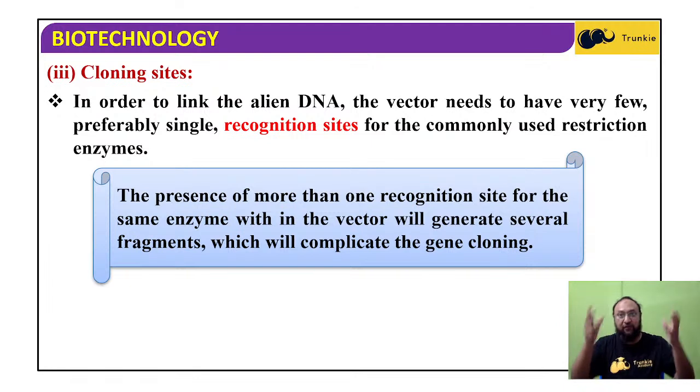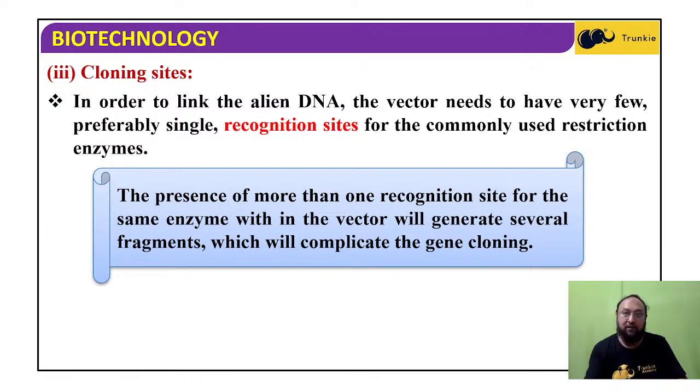If there are so many fragments, it becomes a problem, because we need to cut. Suppose there is a long thread and you want to join a piece in between. You need to cut in the center and then insert it. If you cut it in three places, that will be a problem. You need only one cut to divide it into two fragments.